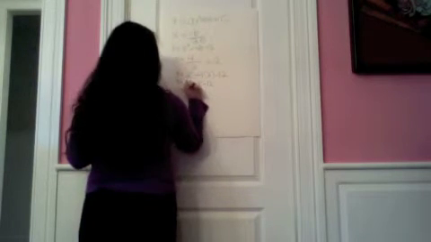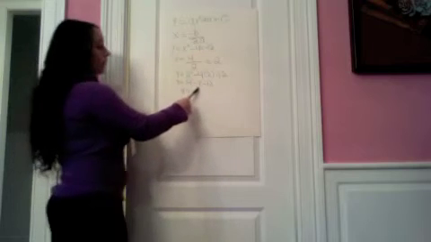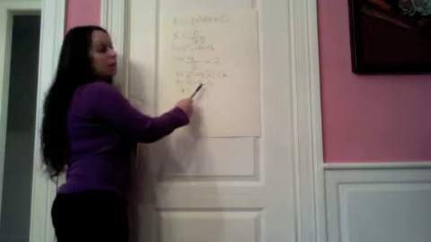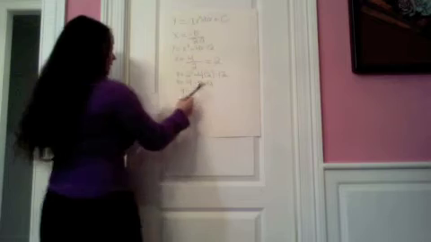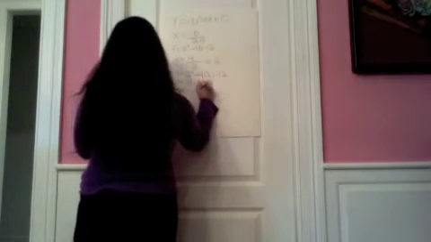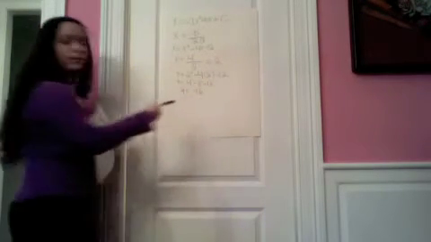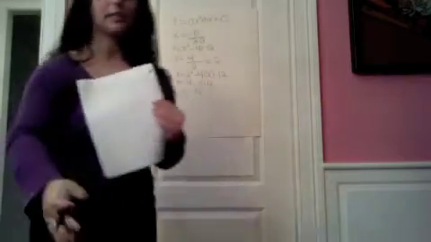So y is going to equal, well, 4 minus 8 is negative 4, minus 12 is negative 16. So that's going to give us the y-coordinate of negative 16.